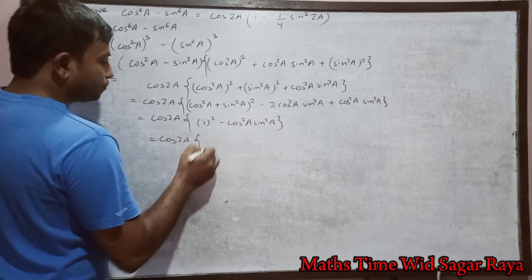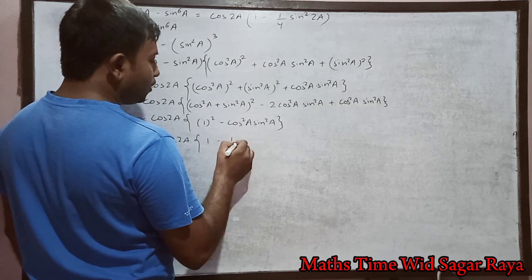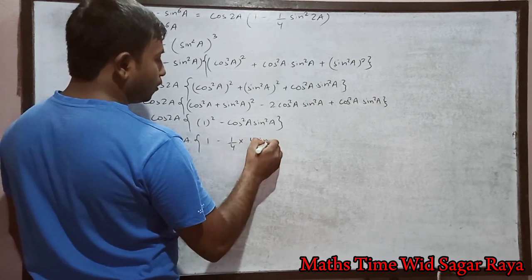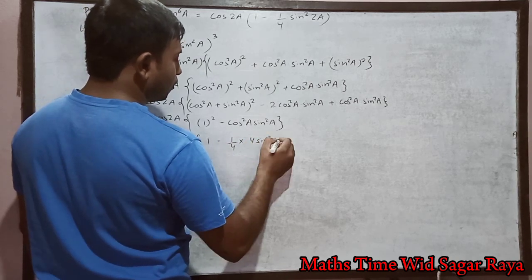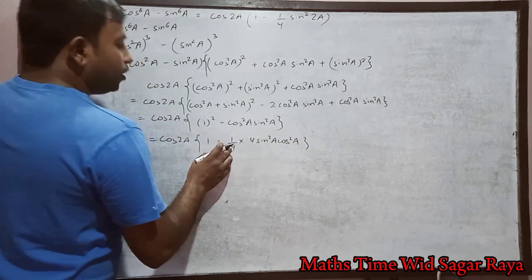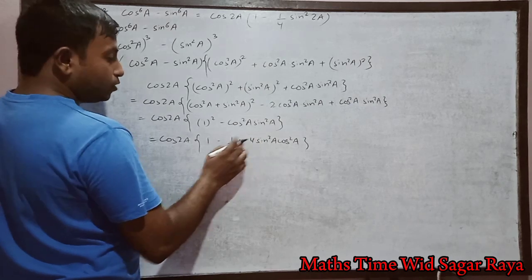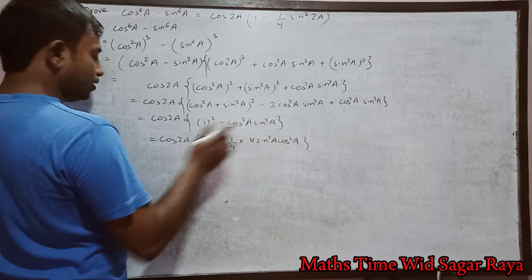Now 1 squared is 1. Here cos²A sin²A we have to multiply by 1/4, and I have kept a 4 here, so the 4 and 4 cancel.